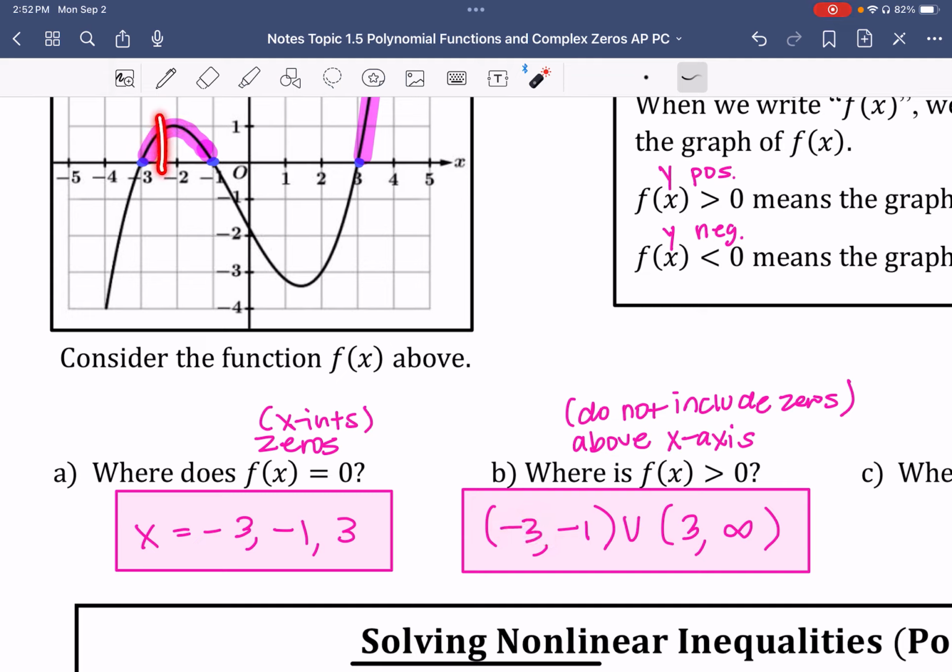You can't say -2.5 because you're missing this whole piece. You can't say -2.9 because you're still going to miss a chunk. We don't know the number right before -3. That number would be -2.99999999999, and that 9 would never stop. So you can't get an exact digit for the number right before -3 because there's an infinite number of 9s right before that. To alleviate that, you're just going to include the zeros, but you're going to put them with parentheses, and that lets the reader know you are not including the zeros.